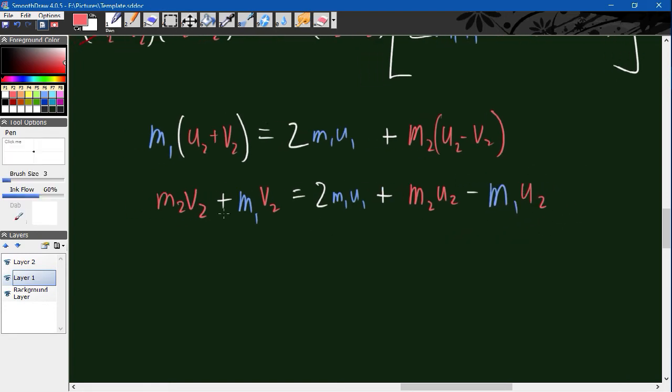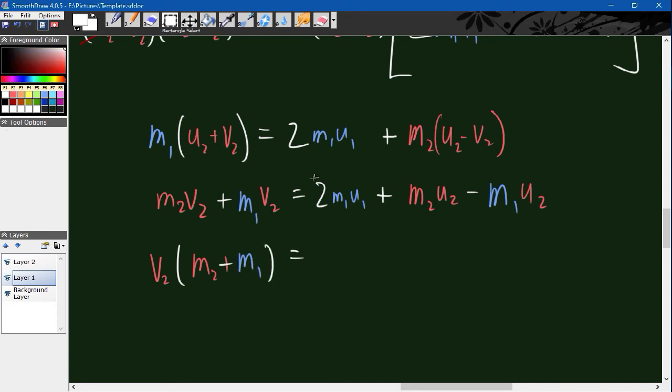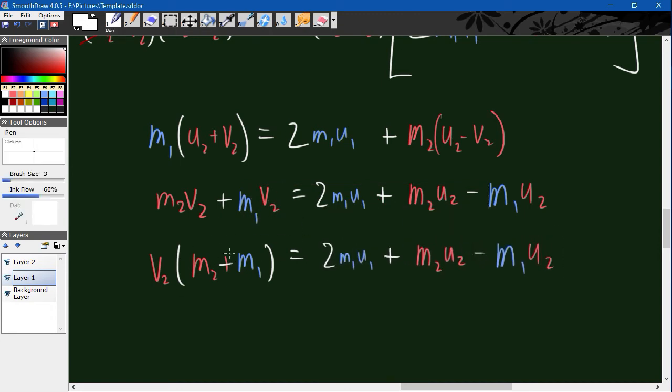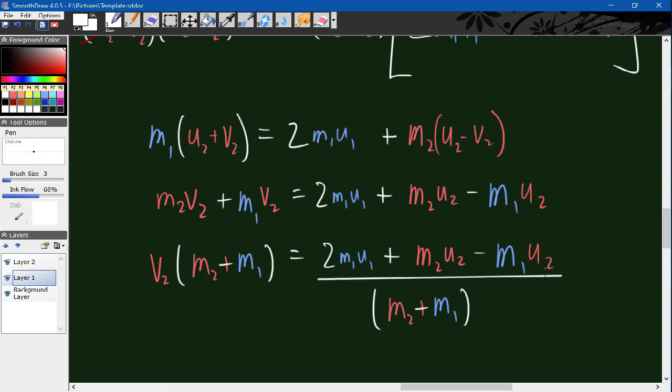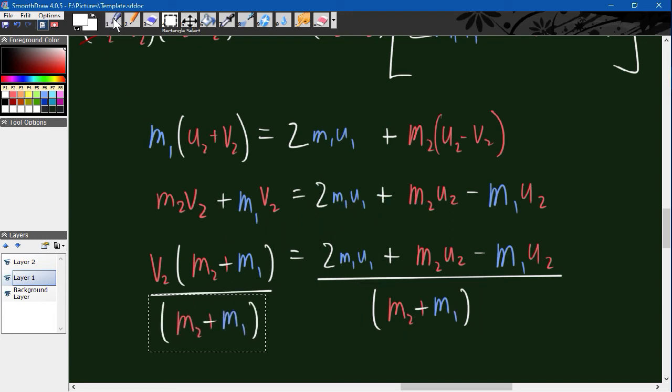Okay, and then we could factor out v2 from these terms. So it's going to be v2 times (m2 plus m1) is equal to this entire thing that I'm just going to copy. And then we could divide both sides by that, and it'll cancel out.